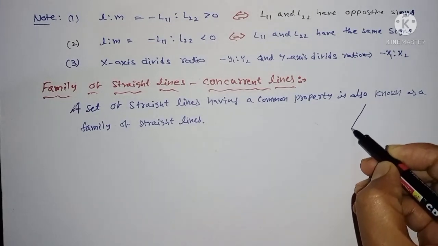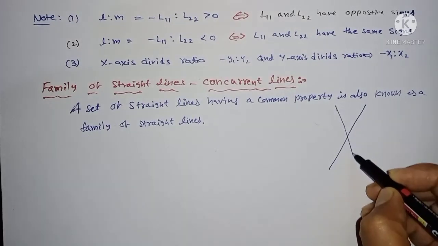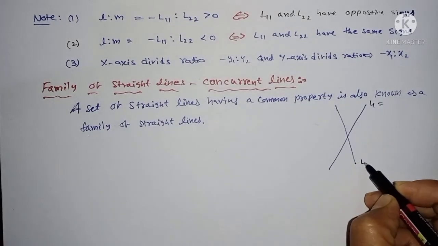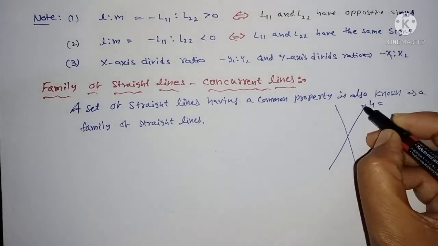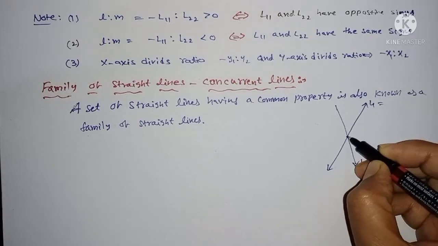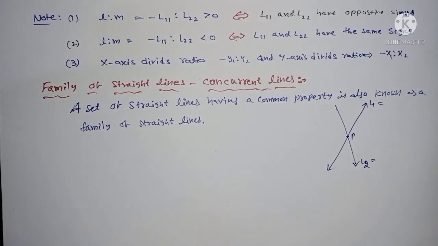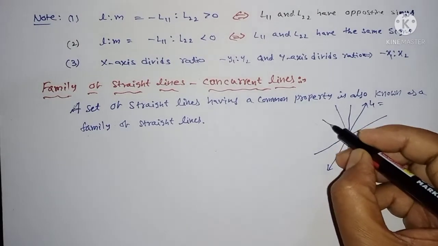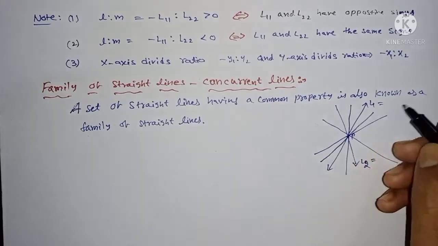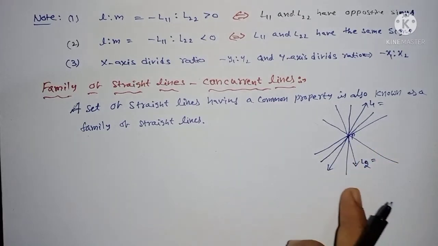In general, a family has at least two lines, L1 and L2, intersecting at point P. Depending on these two lines, you can take any other lines through that point. This is called concurrent lines, or a family of straight lines.